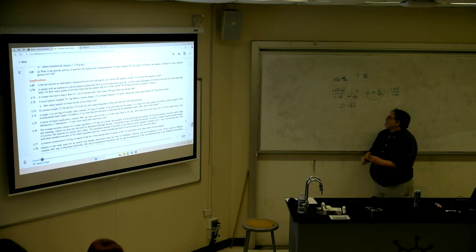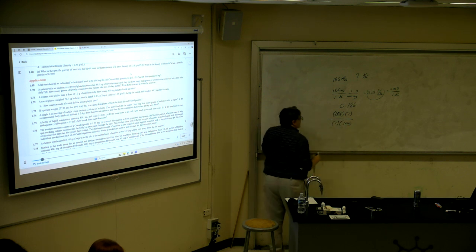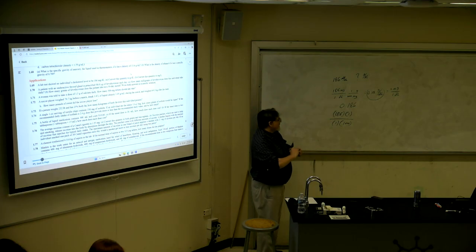So actually, I have 4 numerical values here. I didn't include the ones, but basically the math I did was, I just grabbed my calculator and divided 186 by 1,000.